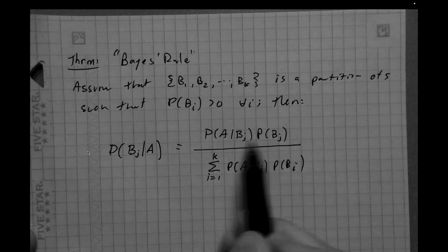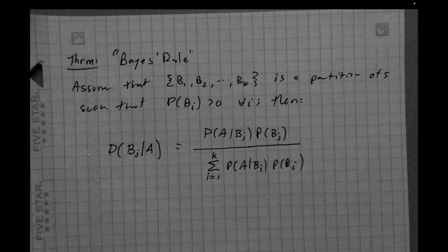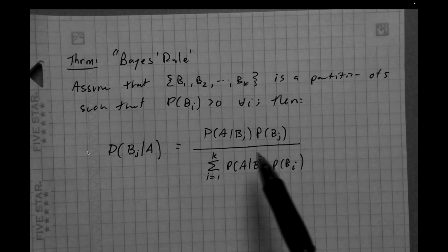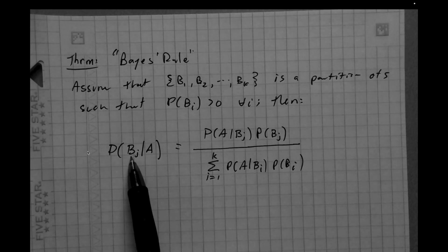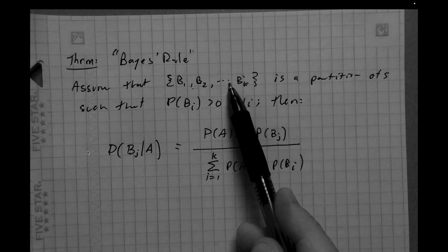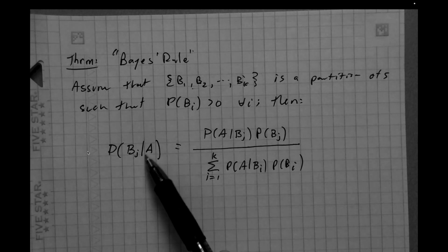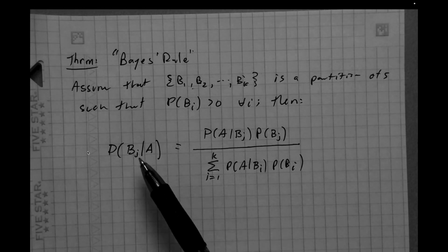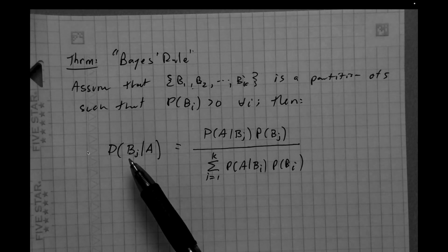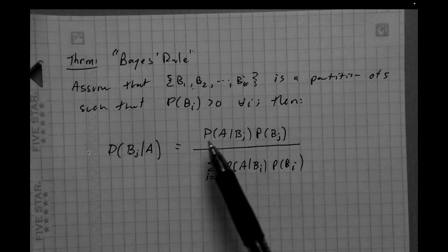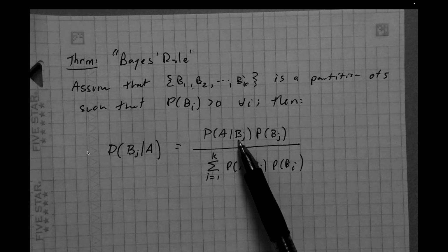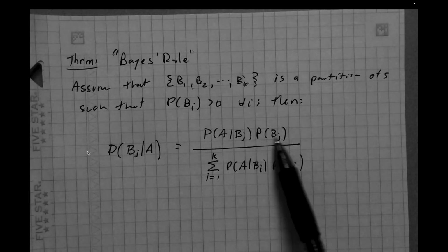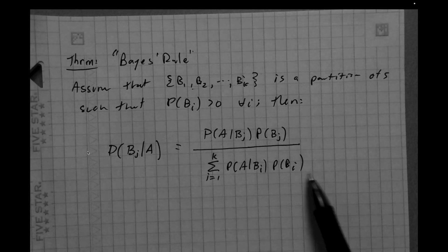Now notice these are j's up here and these are i's, so they're unrelated, obviously. But basically, if I want to know the probability of one of the events in the partition given some other event A, remember A is the overlapping arbitrary subset, then I can identify the probability of A given Bj times the probability of Bj, and divide it by the total probability of A.